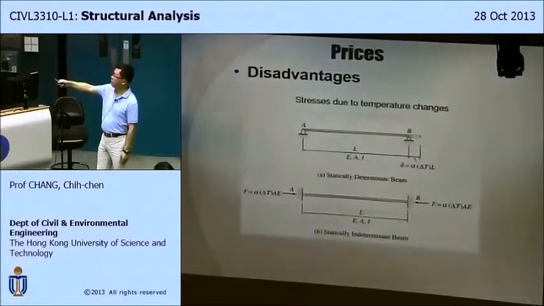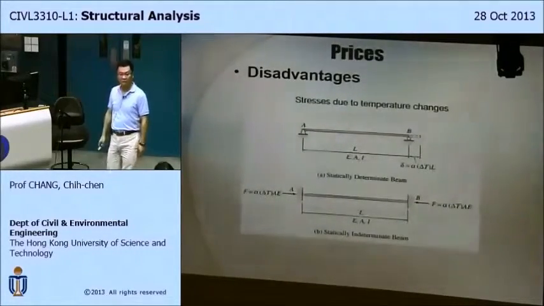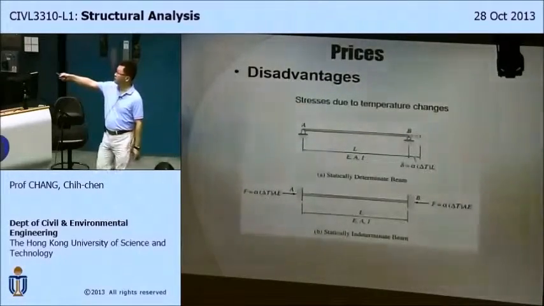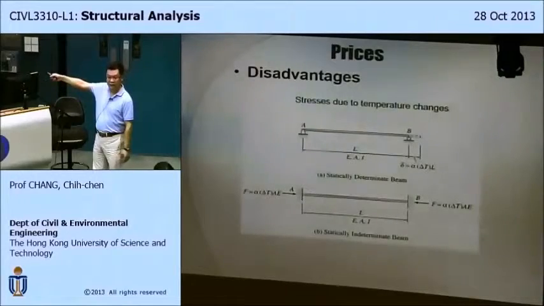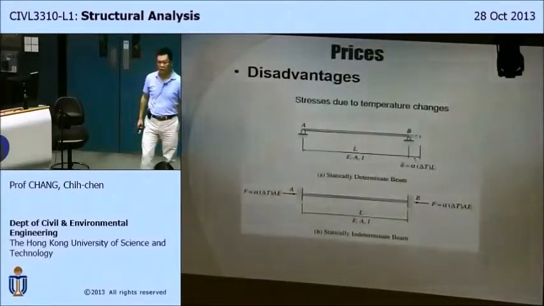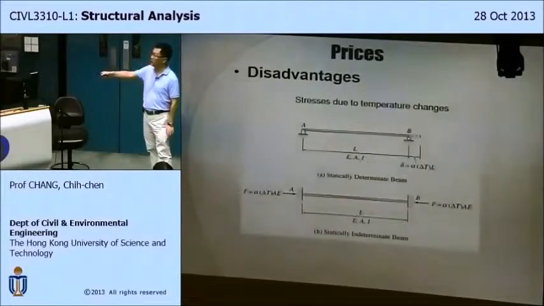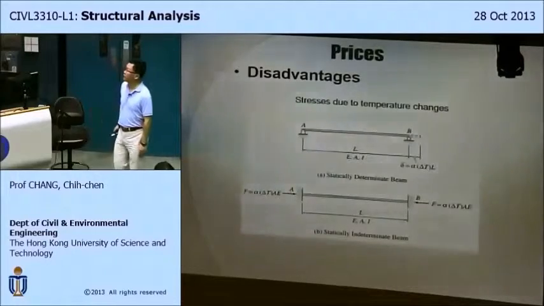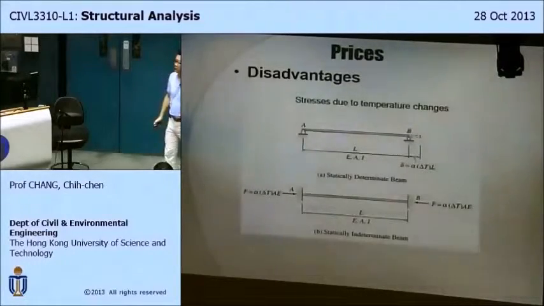But if you confine it, make a fixed connection, a fixed support, then the structure cannot expand. So it has to be compressed back to the original position. That will create the so-called thermal stress inside the structures, which is not good for structures.